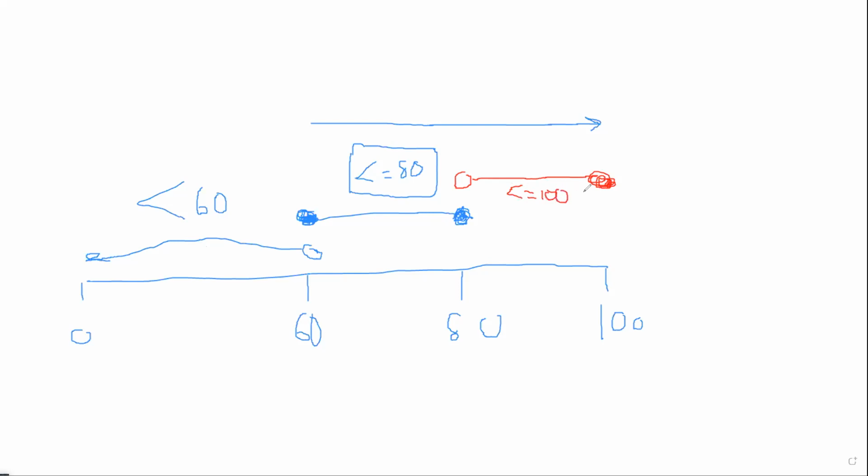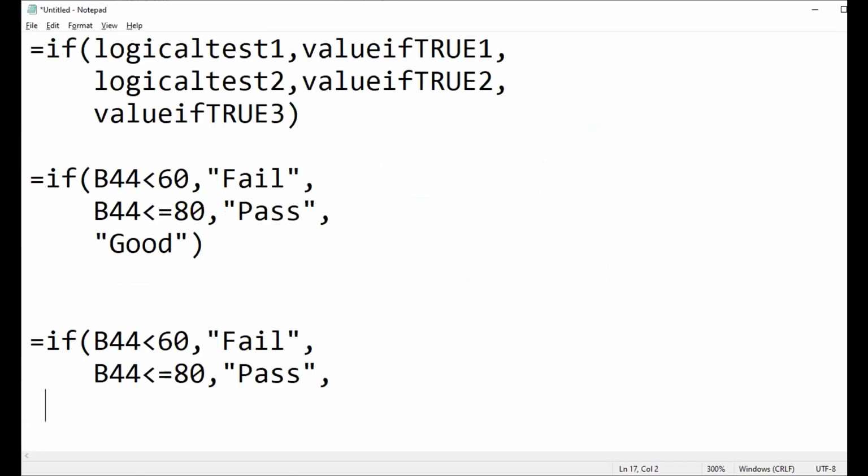In this case, this person will receive the grade good. So you may do this: B44 is less than or equals to 100, then you get good.